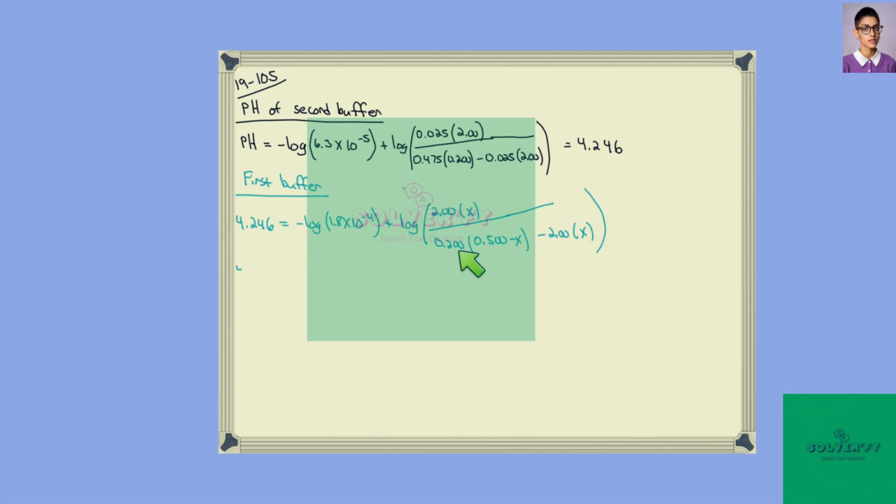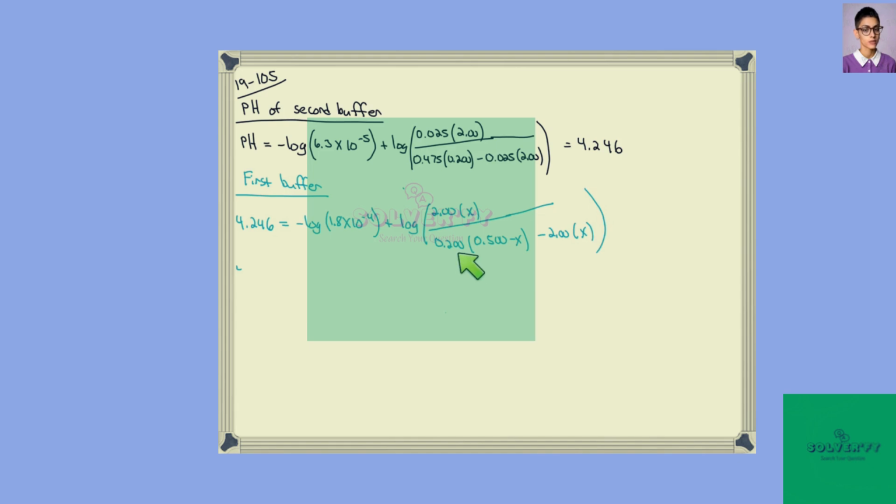We have originally, before adding the sodium hydroxide, a 0.2 molar formic acid solution. We want to prepare a total volume of 500 milliliters. So, if X is the volume of sodium hydroxide we're going to add, then 500 milliliters, or 0.5 liters, minus X will be the volume of formic acid we need to add, so that when summed together we get 500 milliliters.